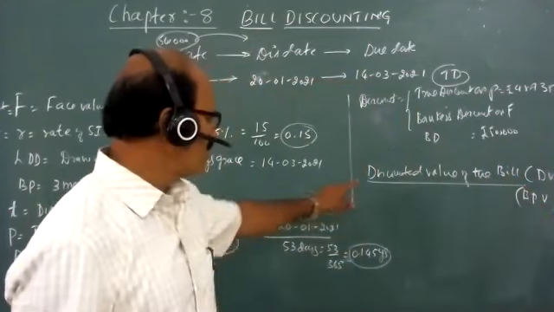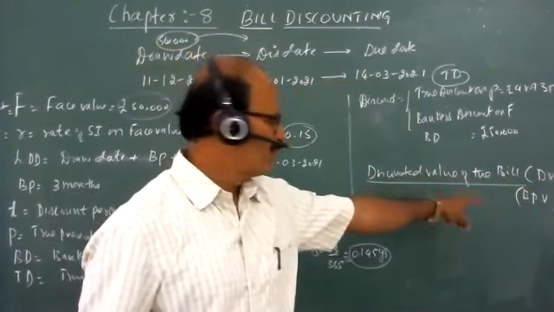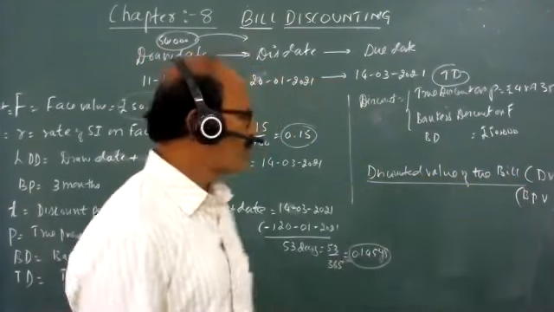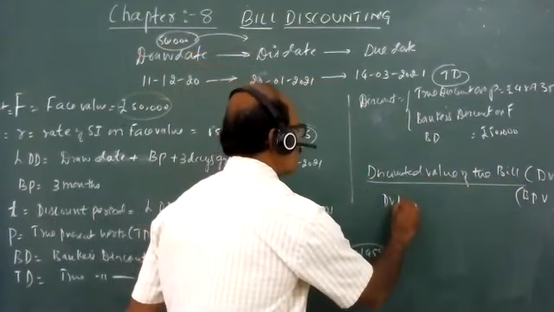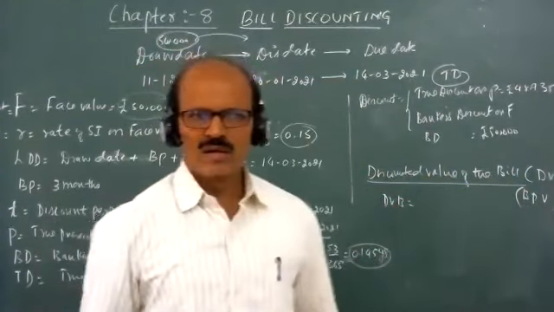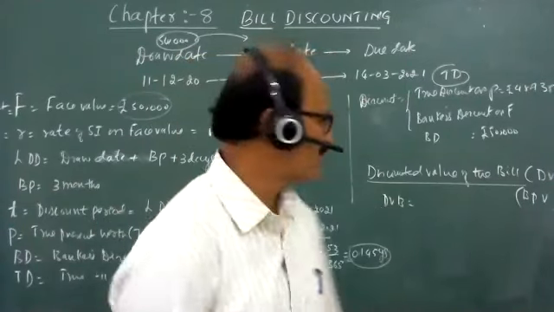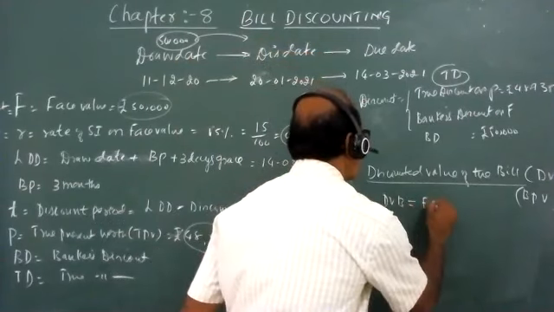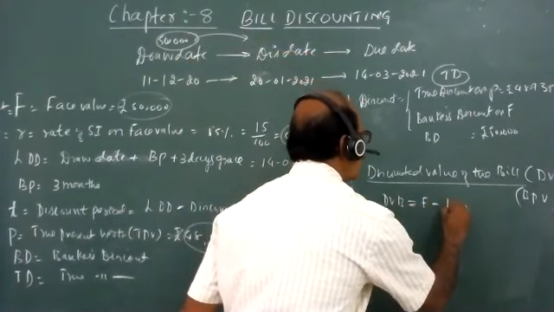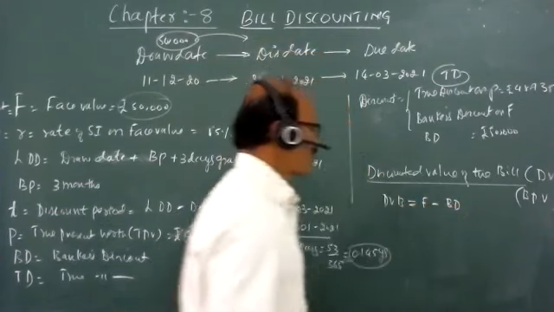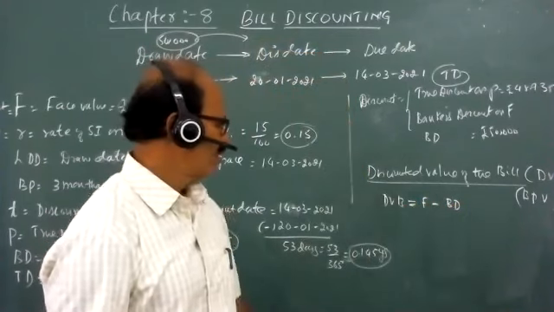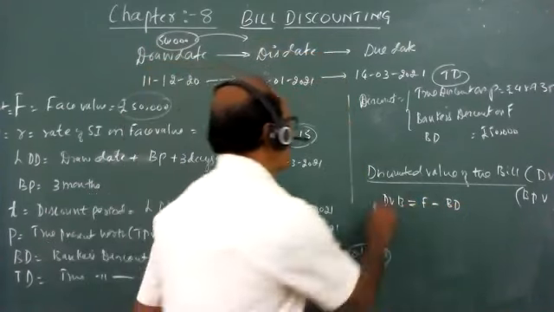One more time, you are learning here: discounted value of the bill, or DVB, banker's present worth. What is the discounted value of the bill? It is nothing but the discount amount subtracted from the face value. That is the face value minus the banker's discount. So this is the thing.